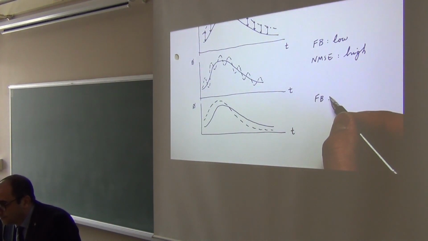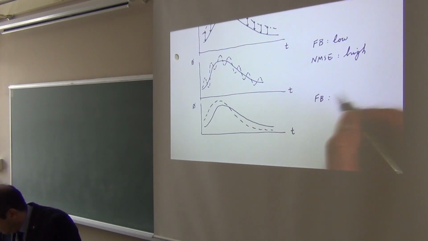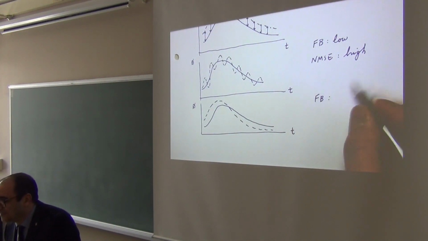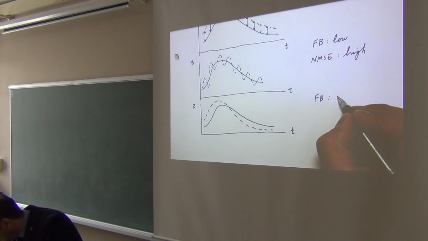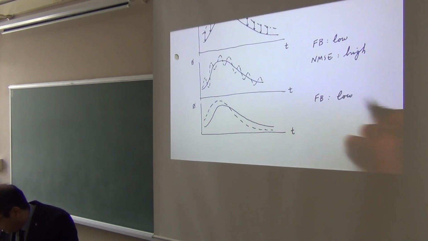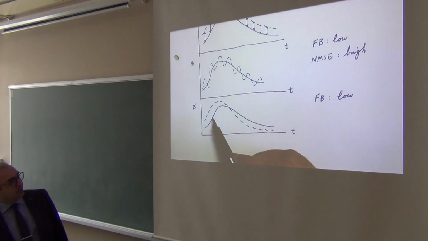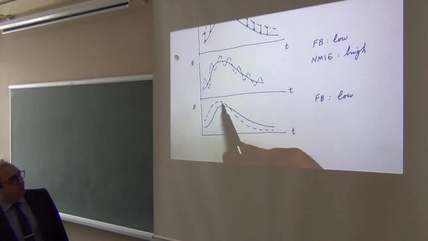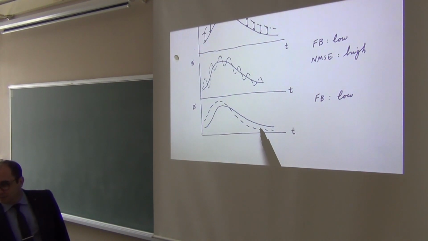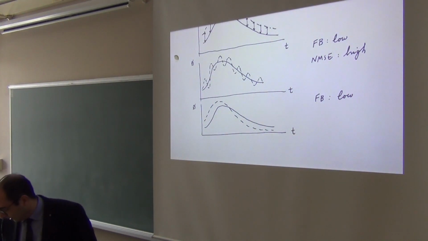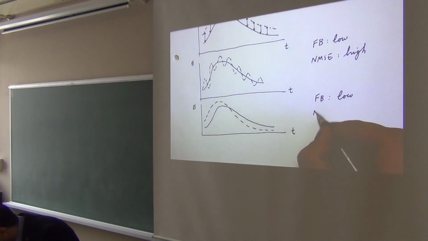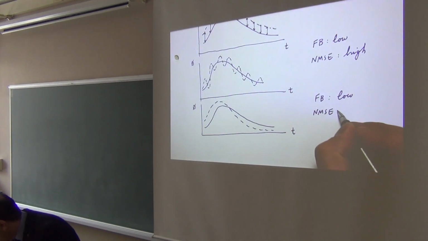As usual, the online viewer is right. It's still low. Because sure, it's up here, but it's being compensated by being down here. So the up and the down cancel each other. It's still low. NMSE is still high.